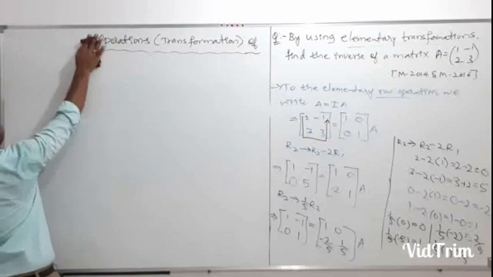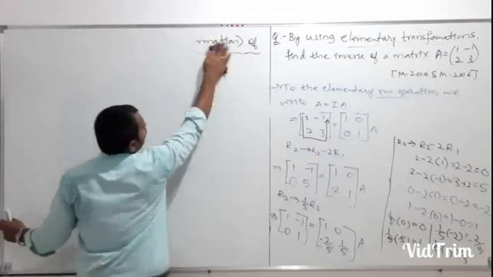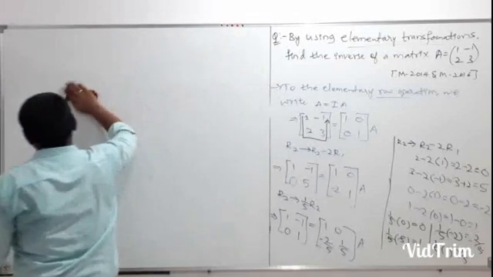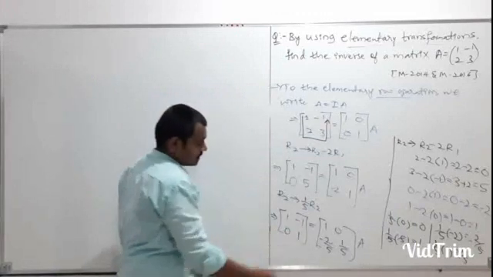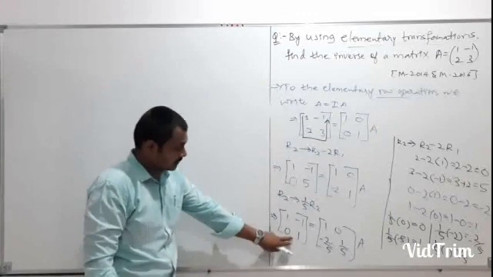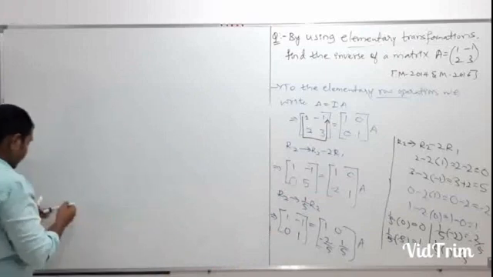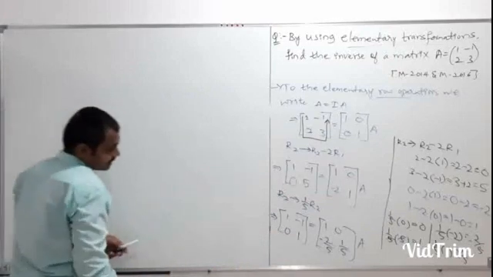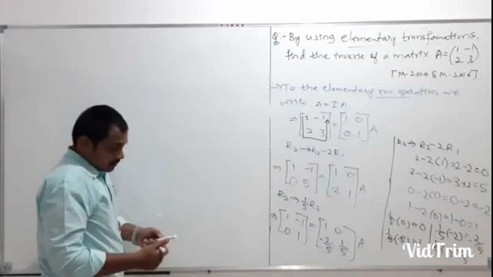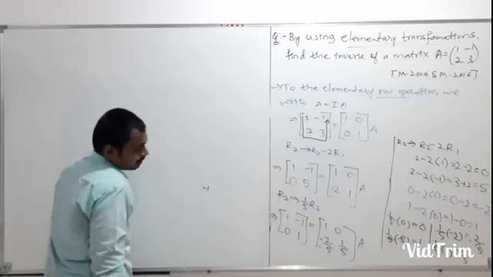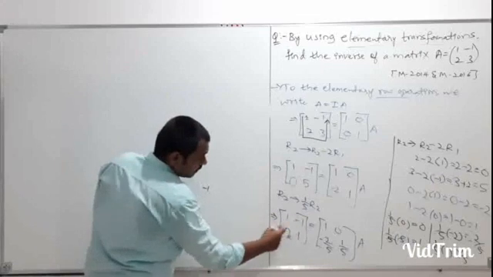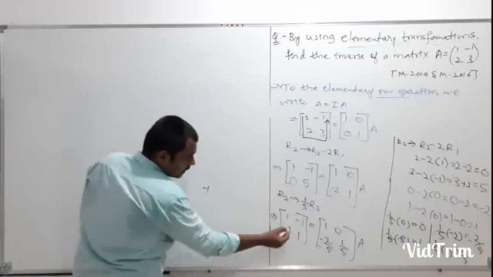Clear? So my dear students, to make this minus 1 into 0, I will take the help of this row 2. Just for your understanding I am solving this here. Here minus 1 is there, so it should become 0.